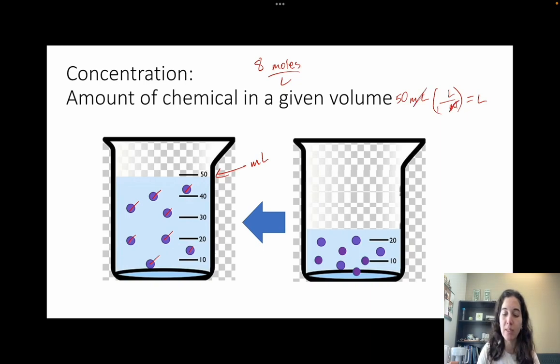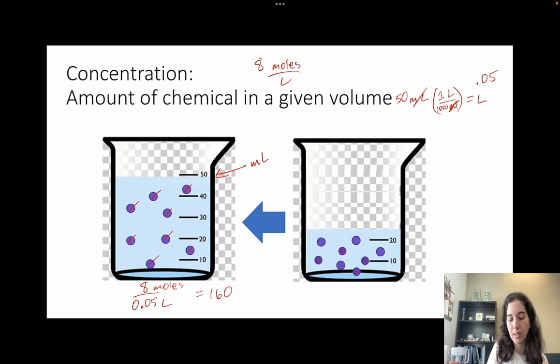And we know that there's 1,000 milliliters in every 1 liter. So 50 divided by 1,000 gives us 0.05 liters. So the concentration on this first beaker, if we were to calculate, would be 8 moles over 0.05 liters, which gives us 160 moles per liter.